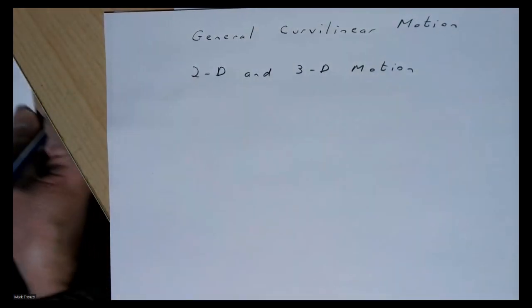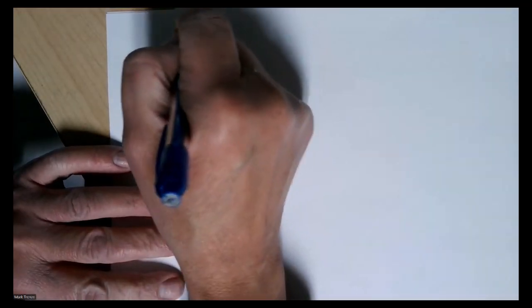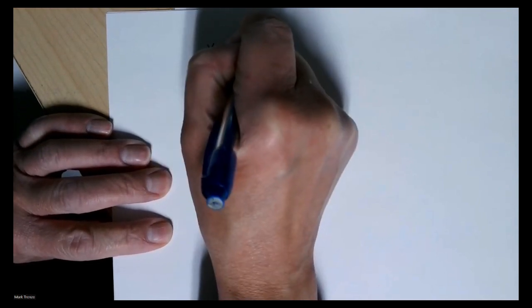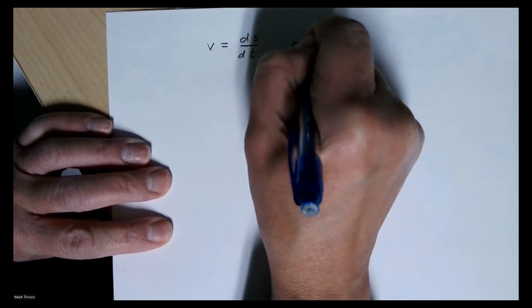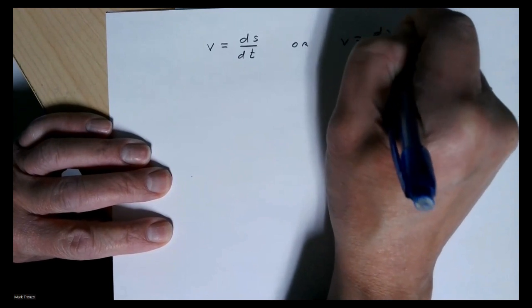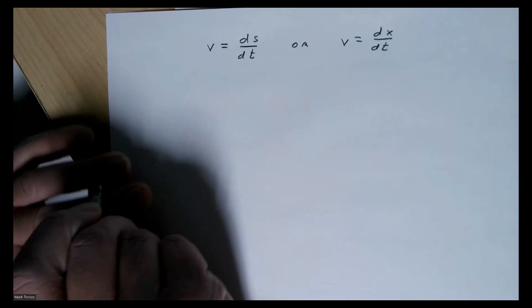Again, in the following sections, we'll use, of course, remember velocity is ds/dt, or velocity, depending on the context, could be dx/dt.